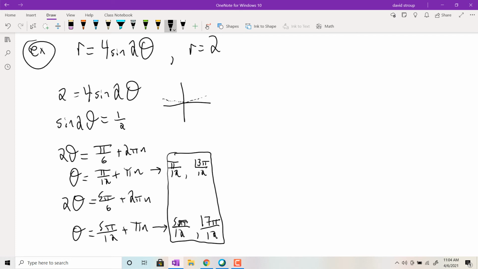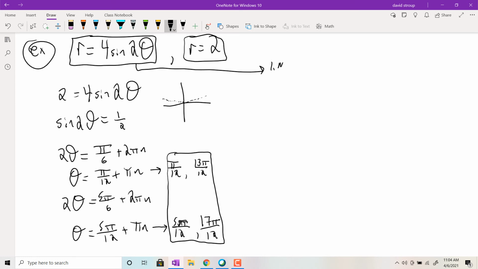Right. In order to do that, I already know what this guy looks like. It's just a circle with radius 2. Okay, so I can plot that. This guy is a troublemaker, or I need to go through the rigmarole to get it. So let me do that. First, its amplitude is 4.